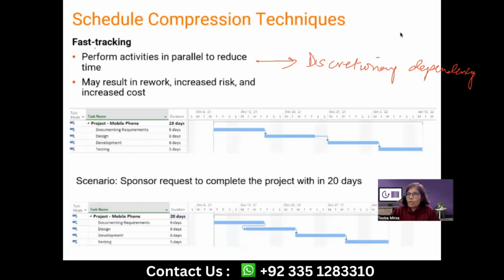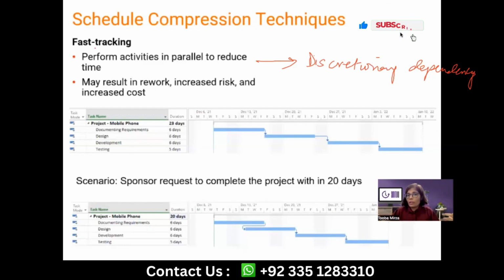So accordingly, fast tracking is not always a solution. Just because you think some activities can run in parallel, it's not a guarantee that it will always finish your schedule early. So you need to be very, very careful while compressing your schedule using fast tracking or crashing.